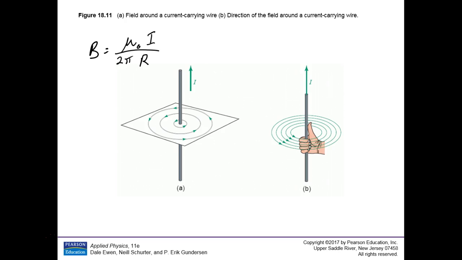And mu naught, I wish they had a table. Let's see, maybe they do. These are just formulas. I know it's in the book somewhere. I don't have time to look for it. Oh, here we go, maybe. Nah, it's not here. Common physical data. They don't list mu naught. I thought they would. But you'll find it somewhere.